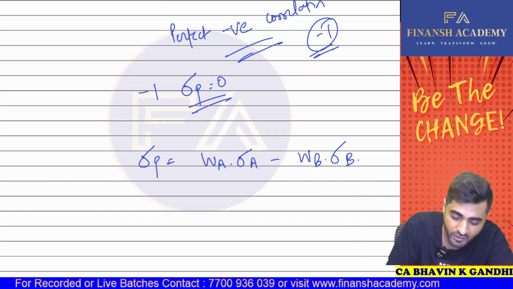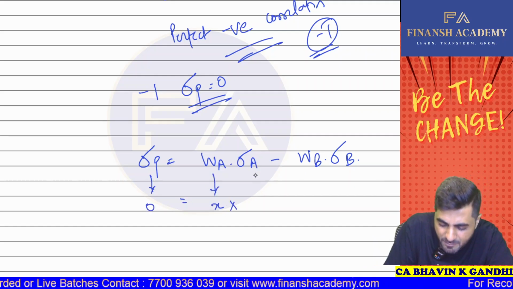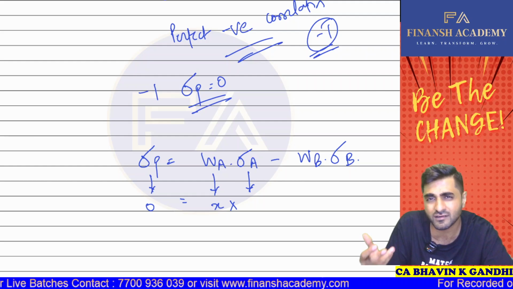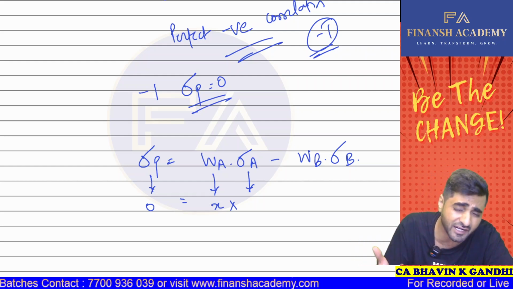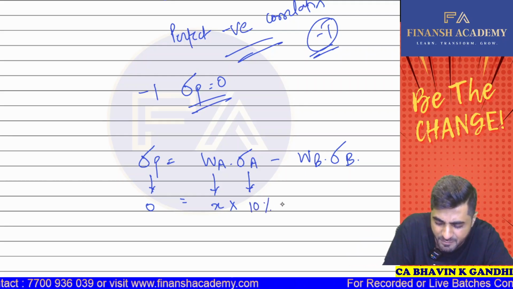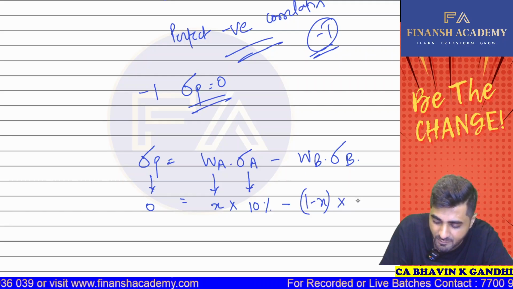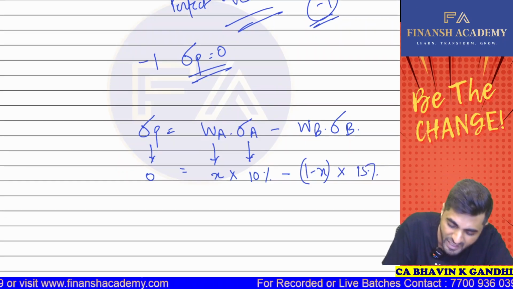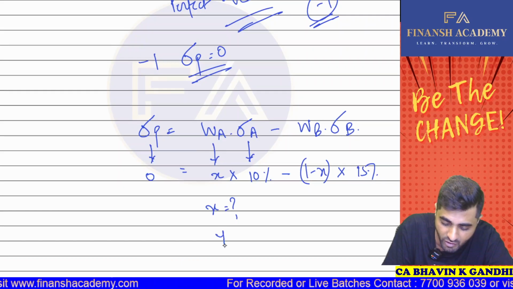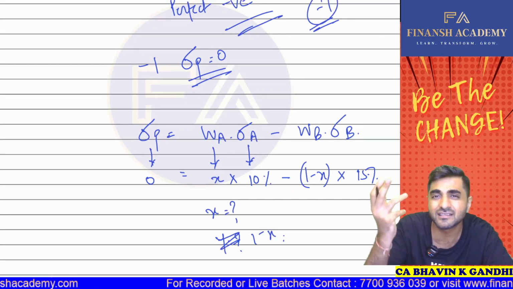Now let this be 0. Then we can have x multiplied by the standard deviation of security A, let's say 10%, minus (1 minus x) into, let's say, 15%. Based on this, we can calculate x and 1 minus x, so we will have these weights.